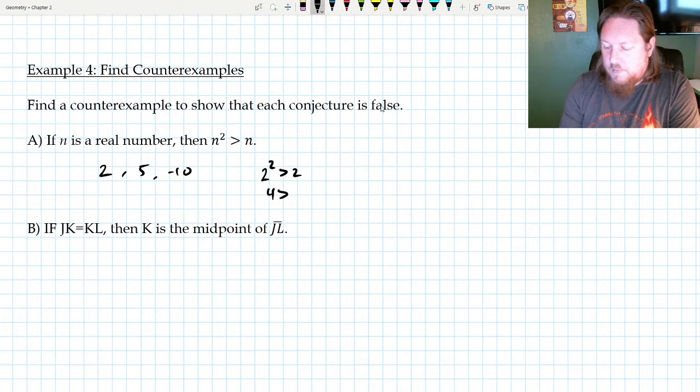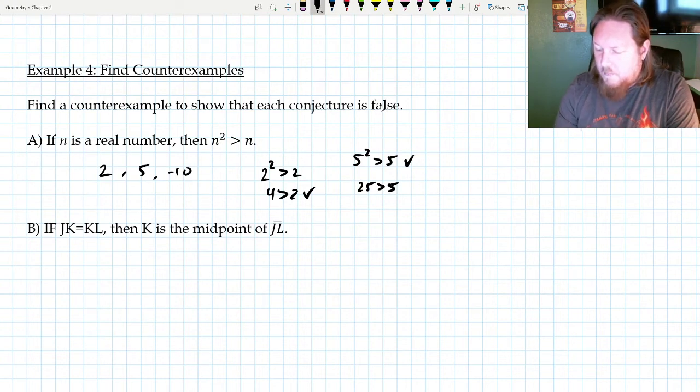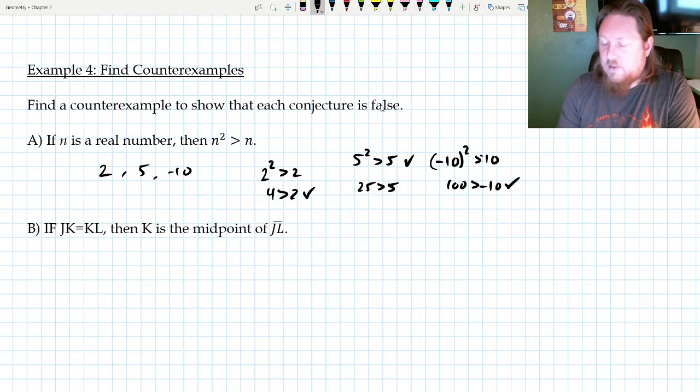Well, yeah, 4 is bigger than 2. That one checks out. Is 5 squared greater than 5? Yes, 25 is bigger than 5. Is negative 10 squared greater than negative 10? And yes, 100 is definitely bigger than negative 10. So that one checks out too.